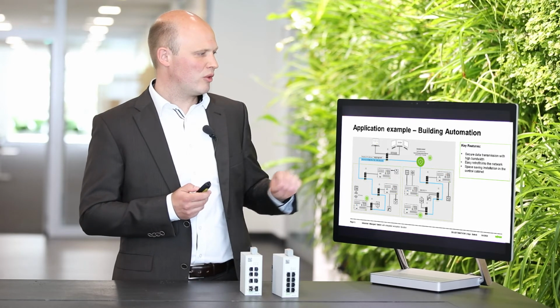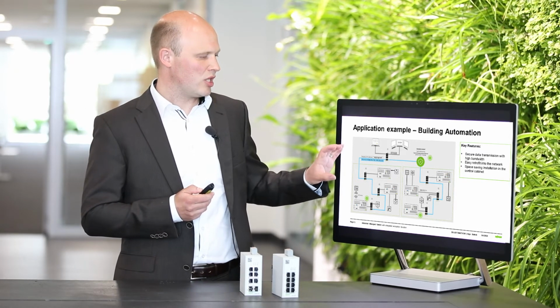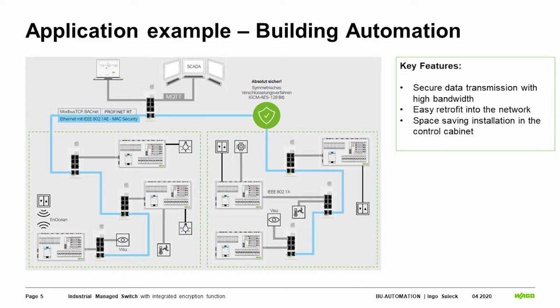First of all, I will give you an overview of an application topology. On the left side you will see building 1, on the right side building 2, and the buildings are connected. If you have the requirement that the connection must have a high security level, you can use our switch. We have a secure link, and we are using hardware-based encryption for the connection.